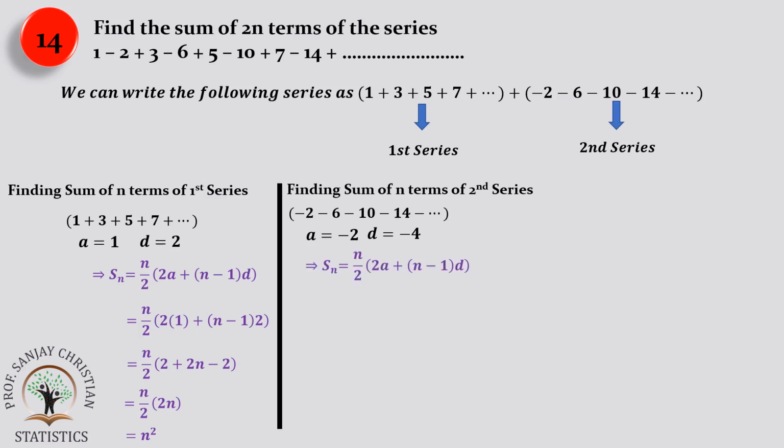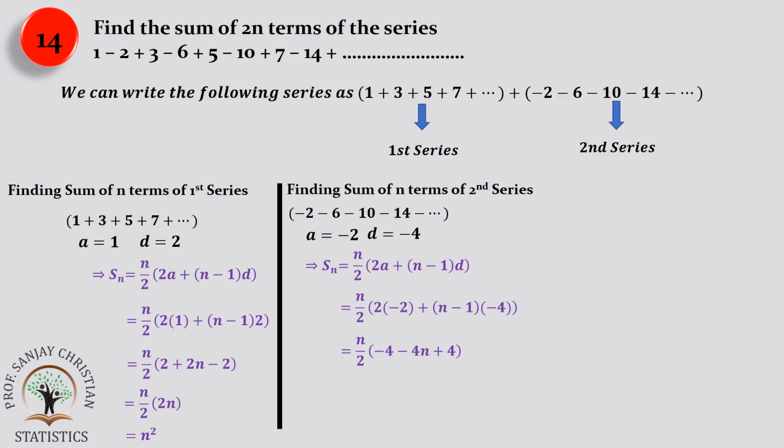So Sn is equal to n upon 2, 2a plus n minus 1 into d. If we keep all these values in the formula, that is a is minus 2 and d is minus 4, it will be n upon 2, 2 into minus 2 plus n minus 1, d is minus 4. Now 2 into minus 2 is going to come as minus 4, and if I multiply minus 4 over here, it is minus 4n and it will be plus 4.